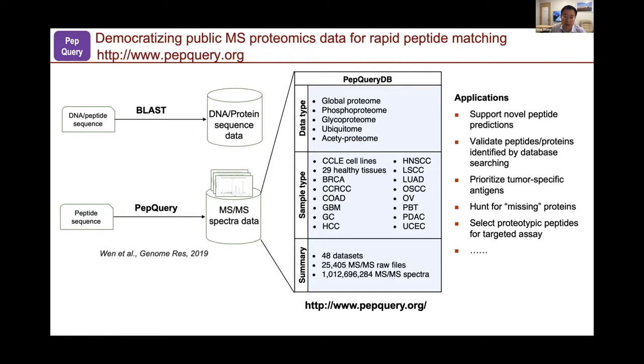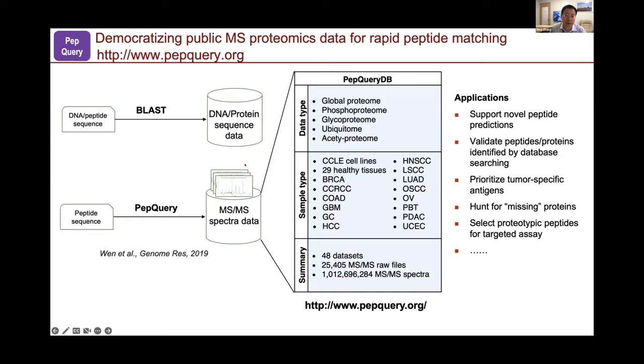But more recently, Bo, who used to be in my lab, came up with a new way to index the data to speed up the query and reduce the storage. Applying the new indexing method, he indexed more than 1 billion spectra from 48 large data sets, downloaded, of course, from Pride or Massive.